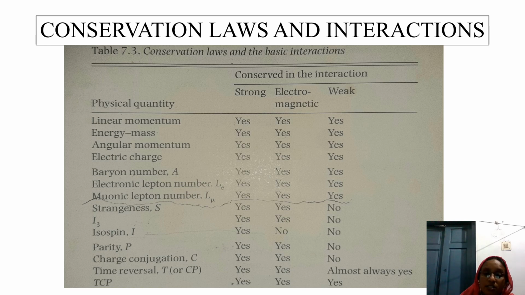Similarly, time reversal T or the combined operation CP is obeyed by strong and electromagnetic interaction, and in most cases it is obeyed in the case of weak interaction also, but there are exceptions. Finally, the combined operation of time reversal, charge conjugation and parity is obeyed by all three interactions. This is the summary of these conservation laws and different interactions.